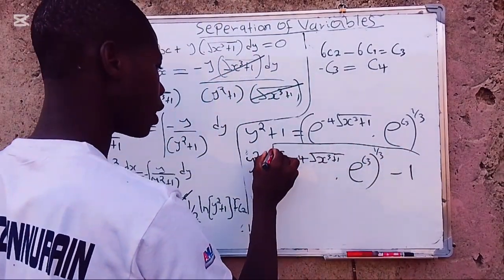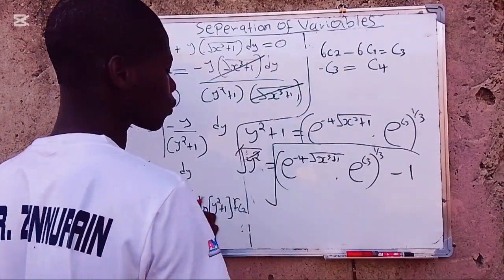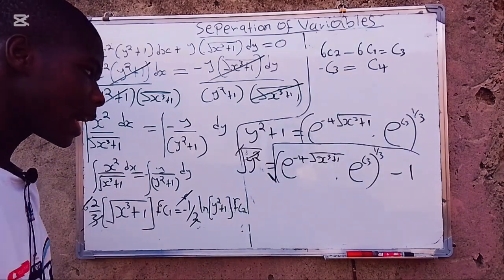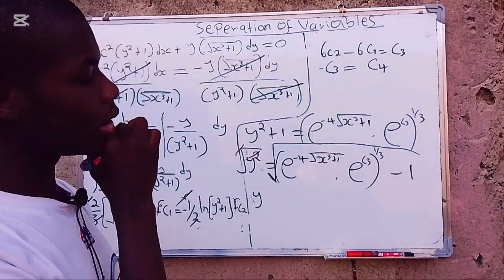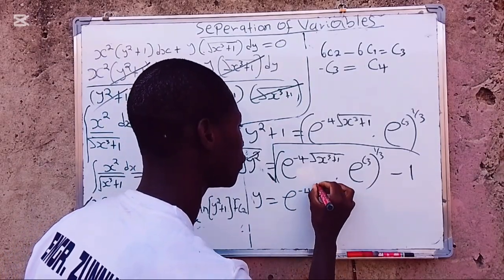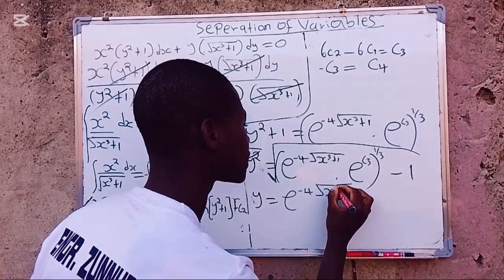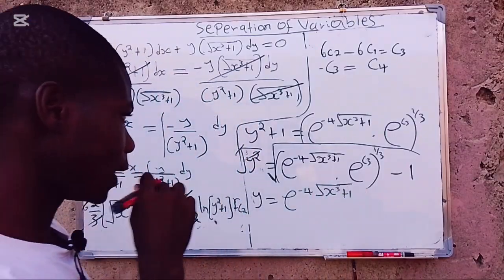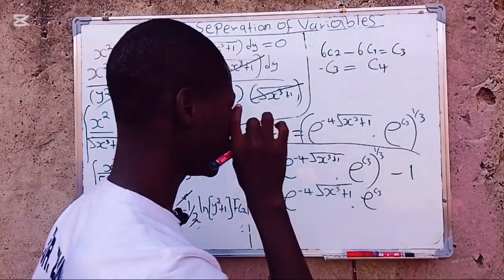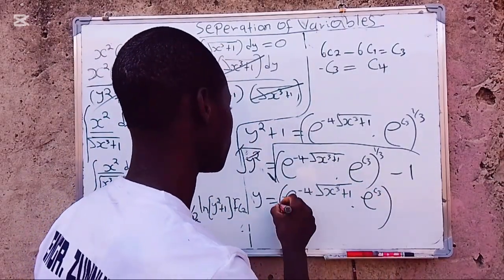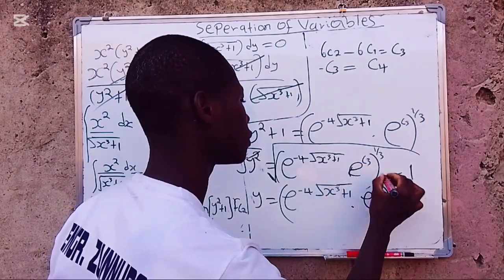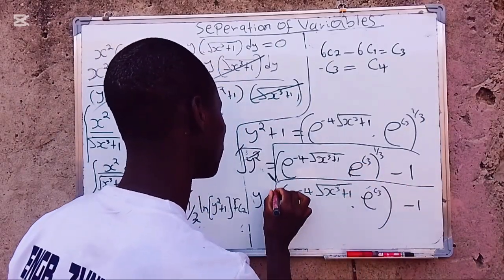So I have to take the square root of both sides, the square will cancel the square. The next thing is, as you can see, y shall now be equal to e to the negative 4 of x cube plus 1, and therefore multiplied by e to the constant c3, close bracket. I have negative 1, and therefore I'll have my square root.